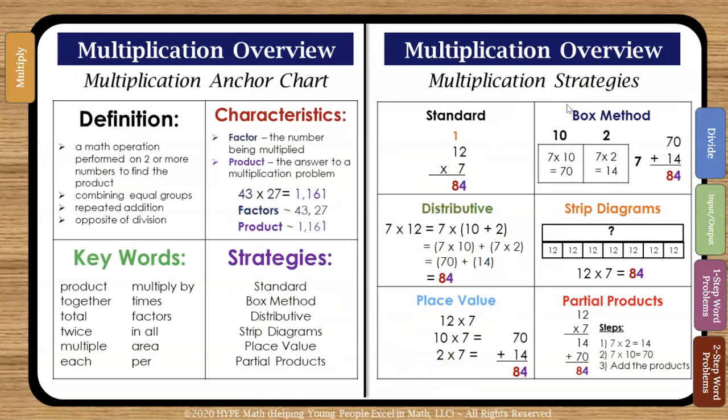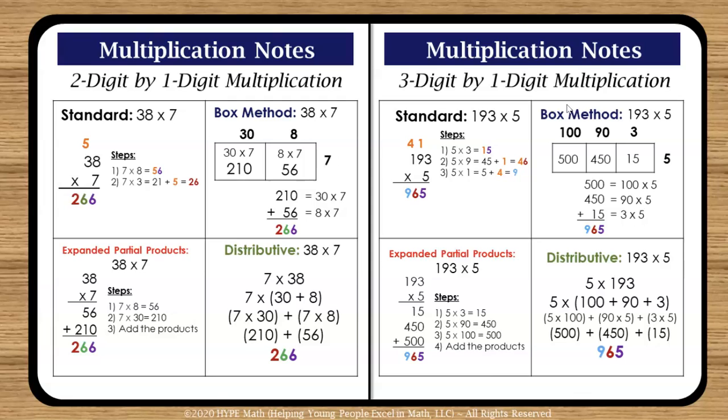And here I am at the multiplication section, and each section starts with an overview. There are notes, and my heart behind it is to make sure that students have a solid foundation on the concepts that we are covering. In this book, I am covering multiplication, division, input-output tables, and then we dive into 1-step and 2-step word problems where students have to multiply and divide.